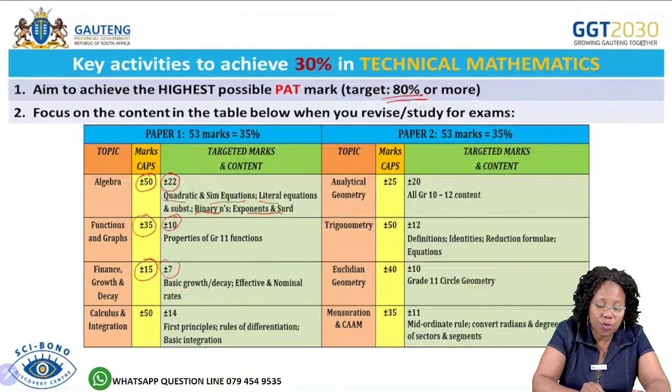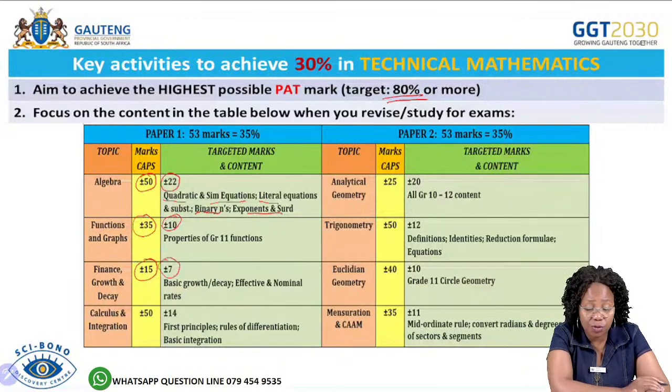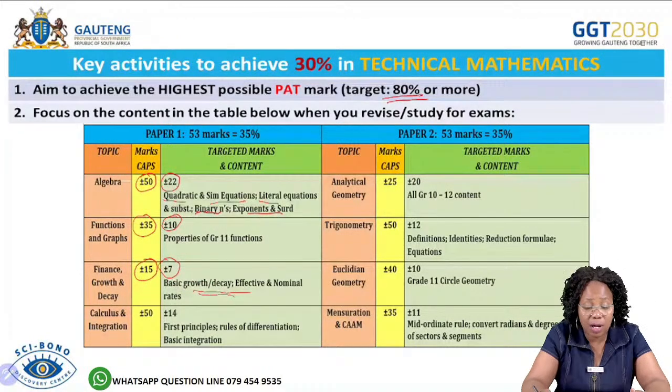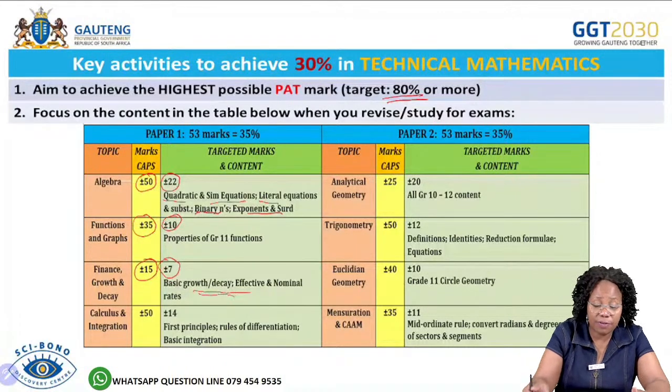If you can manage to get plus minus 7 marks, grade 12, you will reach that 30%. And then now we are talking the basic growth, decay and the effective nominal rate. That means in this case we are expecting you now to be more in practice with the growth, decay, and the effective and nominal rate calculations.